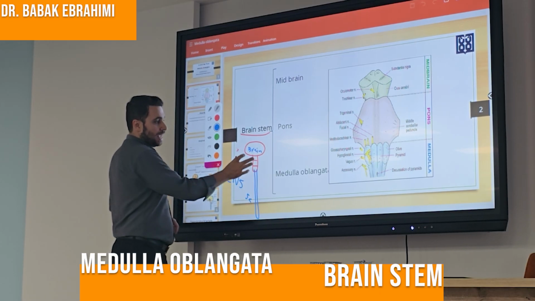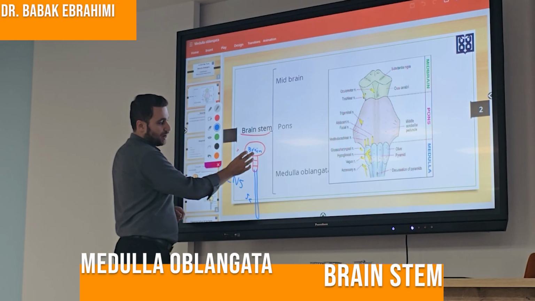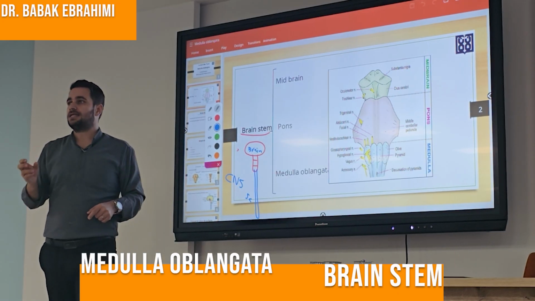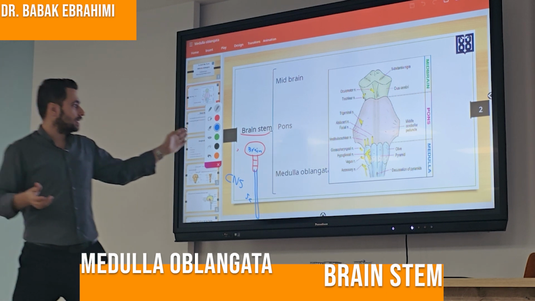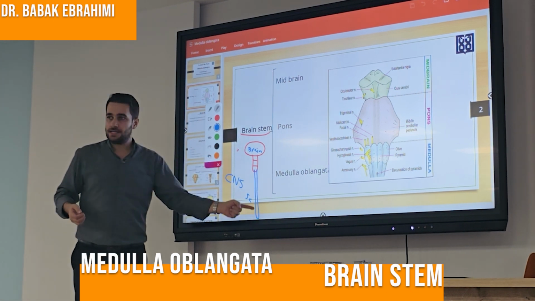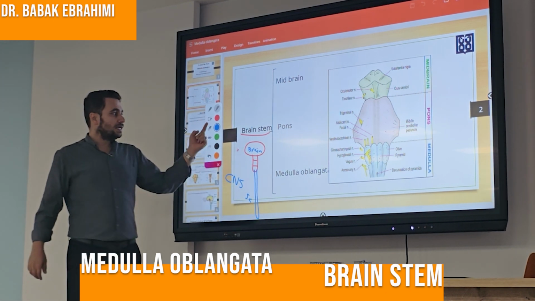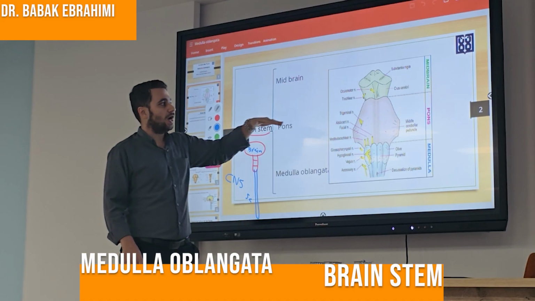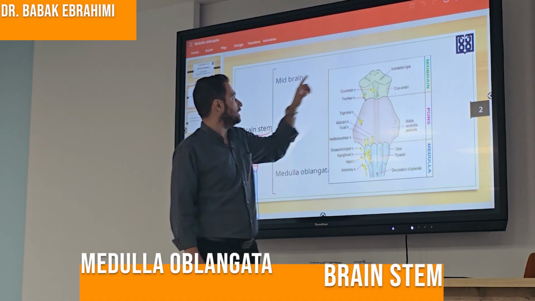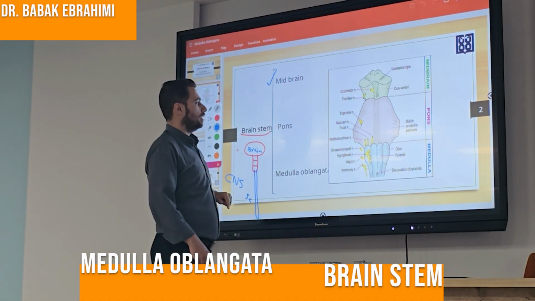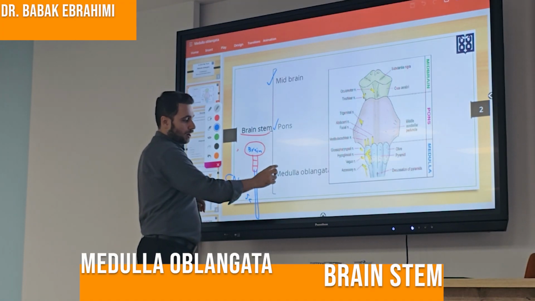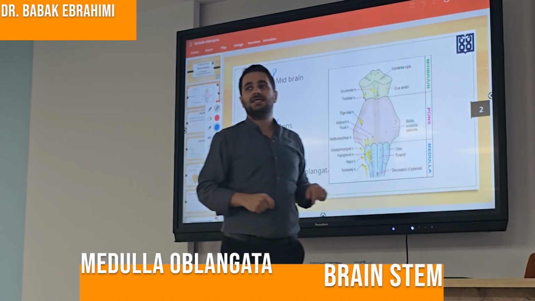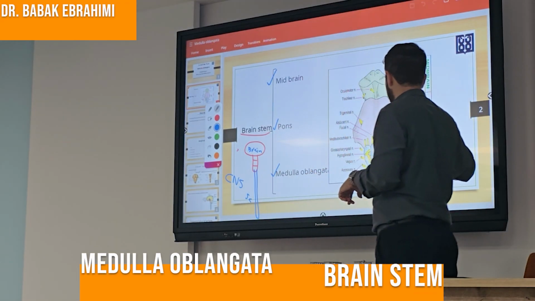The brain stem is like a bridge between the cerebral cortex and spinal cord. It includes three parts. From upward, the superior part is the midbrain, the middle part is the pons, and the lower part is the medulla oblongata.